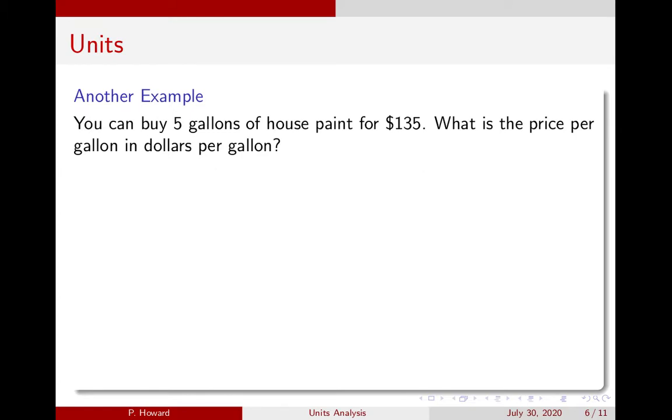Okay, let's try another example that you would probably do without thinking too much. Say you buy 5 gallons of house paint for $135. What is the price per gallon in dollars per gallon?